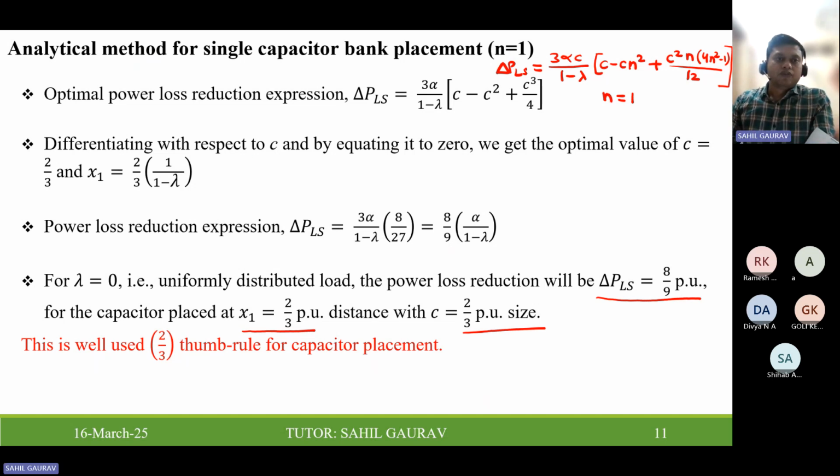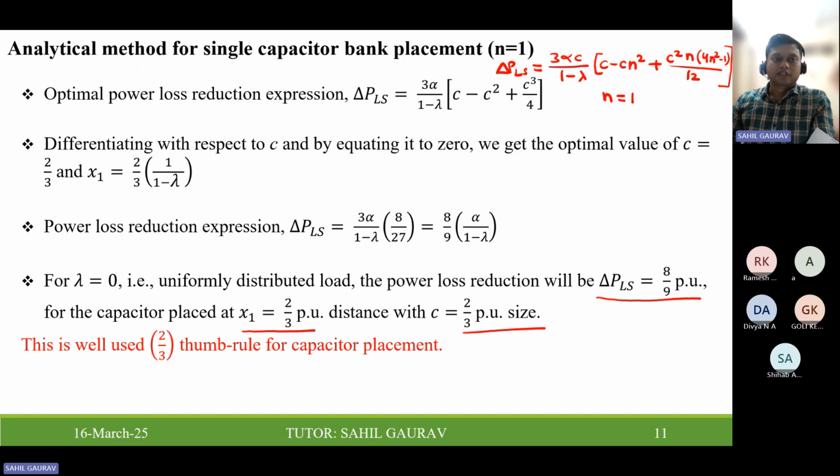So now if you differentiate with respect to C and equate to 0, then you will get the optimal value of C, and the location is 2/3 (1 minus lambda). And therefore this power loss reduction expression will come out as 3 alpha upon (1 minus lambda) into 8 upon 27.